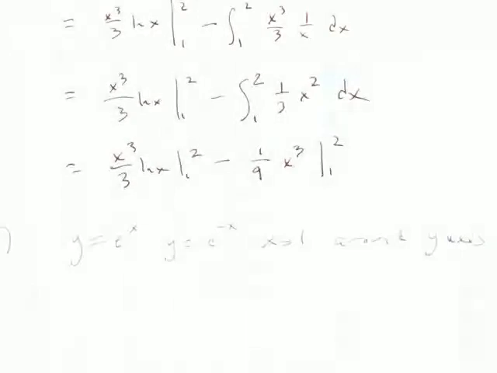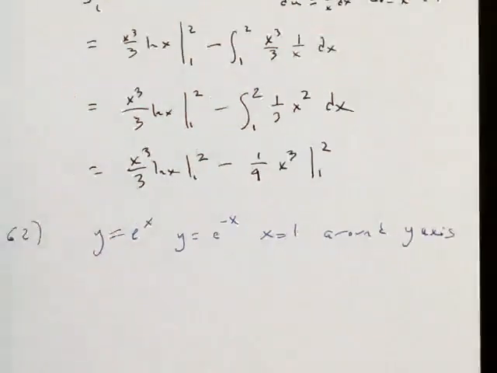So with that in mind, I need to draw a picture because I'm bad at doing this without a picture. So graph for me, graph e to the x, graph e to the minus x, and graph x equals 1. Tell me what that picture looks like. See why we need them?